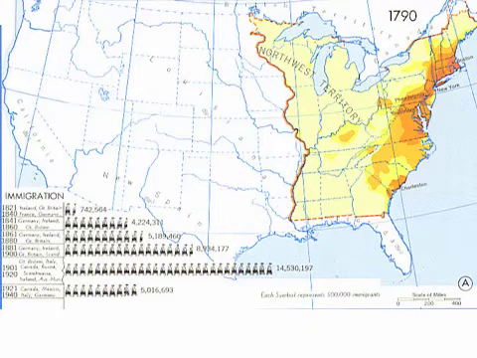This first map shows that the majority of the people lived along the coast or within a few miles of the coast. There were scattered settlements in the hilly and mountain sections of Pennsylvania and some of the southern states. Most of the country, however, was really unoccupied.